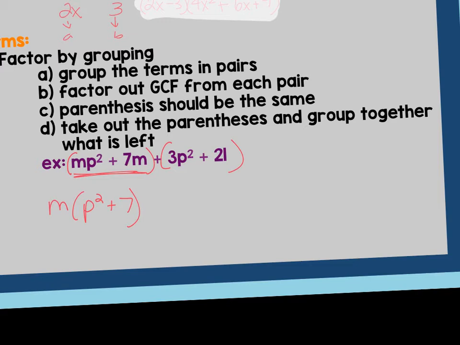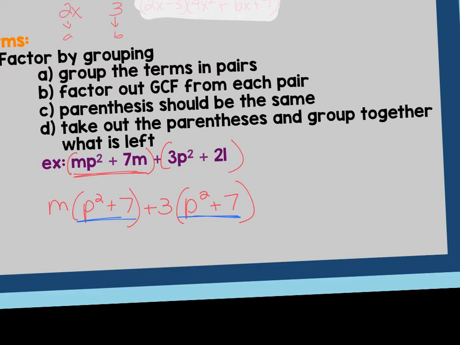Now I do the same thing with the second set of parentheses. So that 3p squared plus 21, what can I take out of there? 3. So a 3 goes on the front, and I get p squared plus 7. Now, if I've done it correctly, then what's inside of the parentheses should match. That now becomes my greatest common factor.